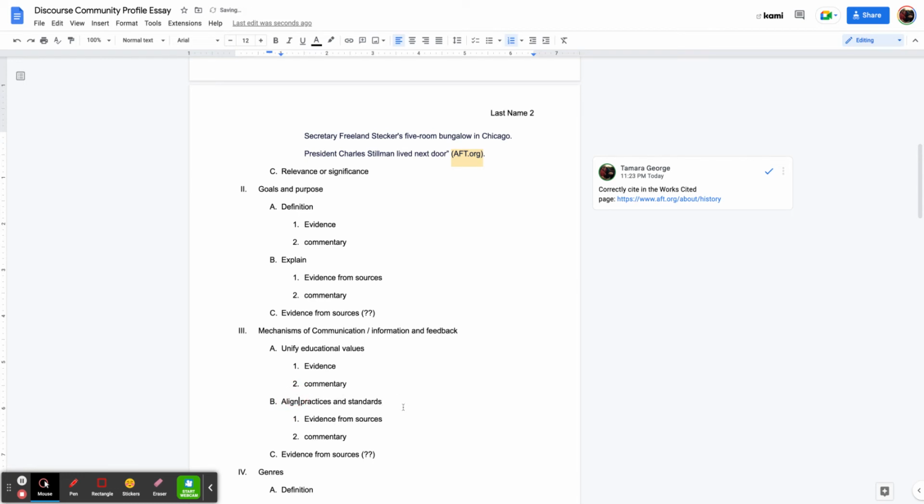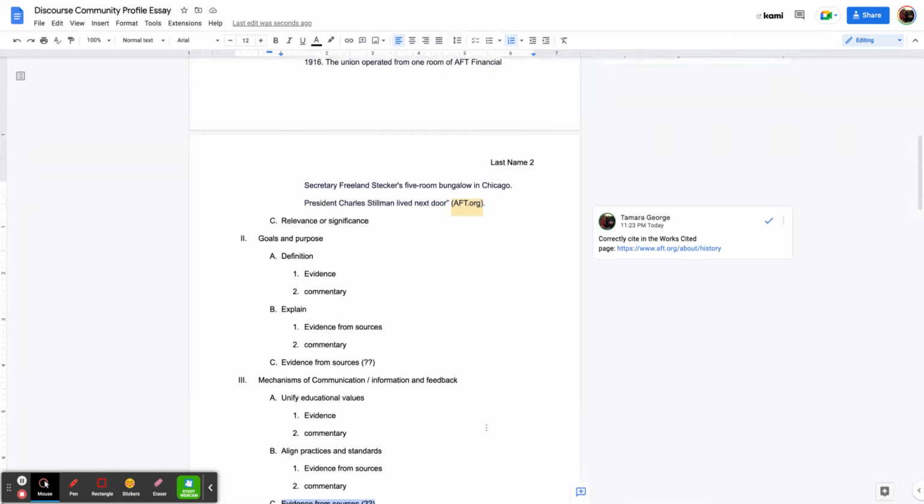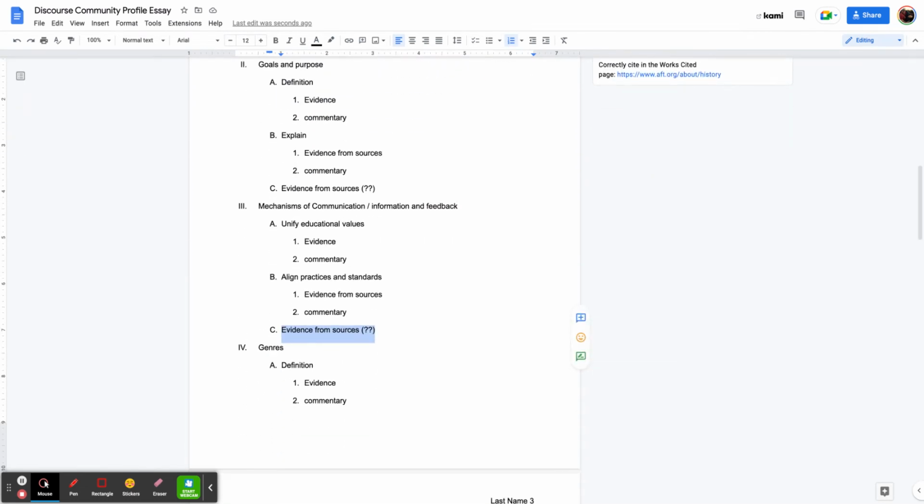Another shared value for any union or teacher federation or teacher association is to make sure that we provide quality professional development for all teachers, current and future, and to then provide quality education for students across the nation.